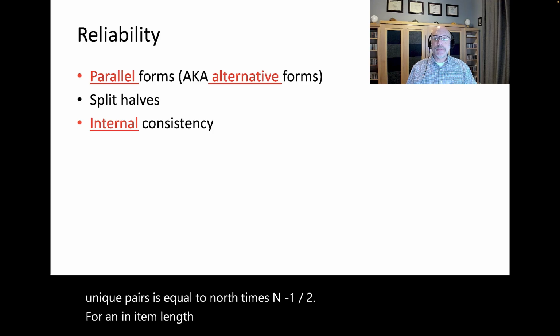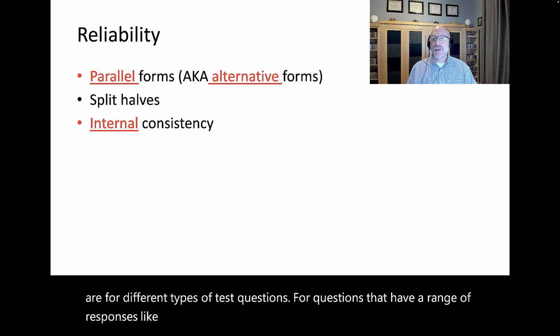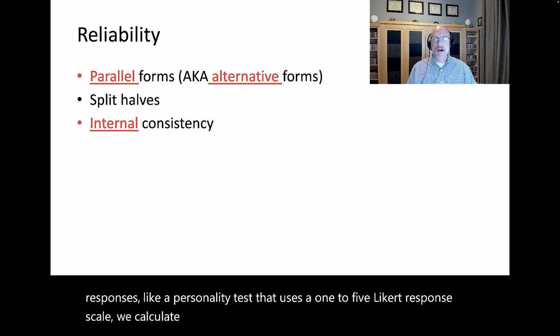The two main subtypes of internal consistency are for different types of test questions. For questions that have a range of responses, like a personality test that uses a 1 to 5 Likert response scale, we calculate Cronbach's coefficient alpha.